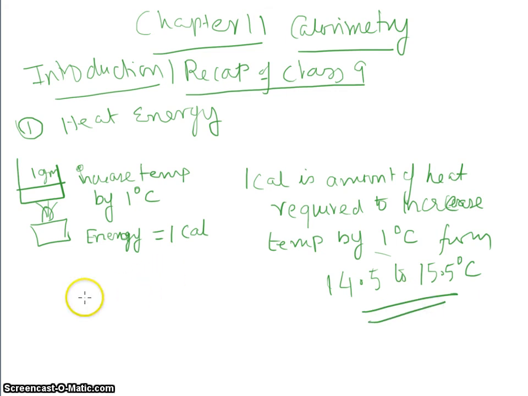That's 1 calorie. Now, a calorie is a CGS unit. As you may remember, the SI unit is joules. Now, what is a joule? Let's assume that I have 100 grams, 0.1 kilogram.